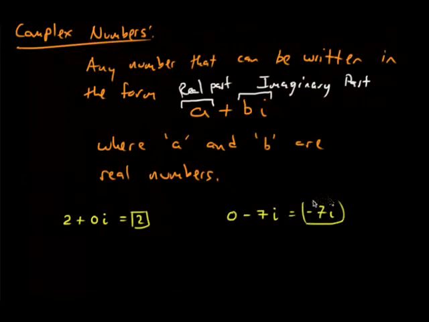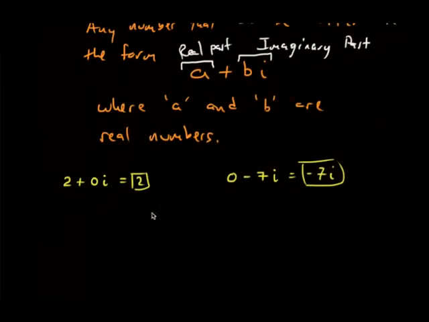So here's a purely imaginary number that I could also write in the form a plus bi, right? I could also have a complete hybrid number where I have 2 minus 5i, all right? So there is a truly complex number. It's got a real part. It's got an imaginary part.